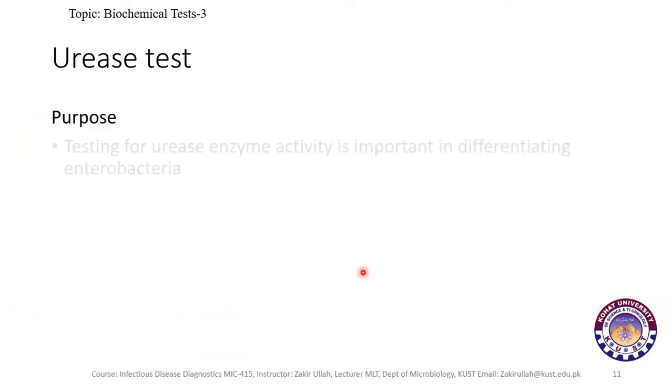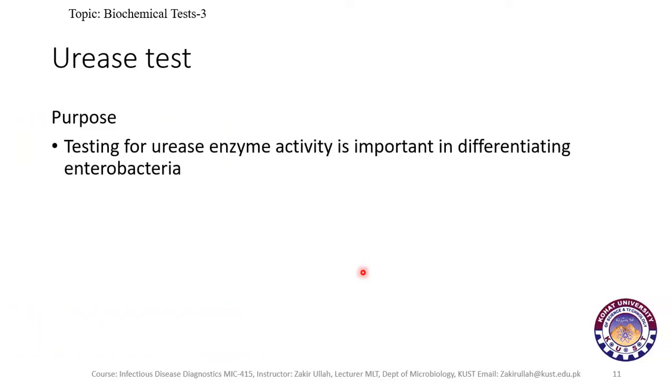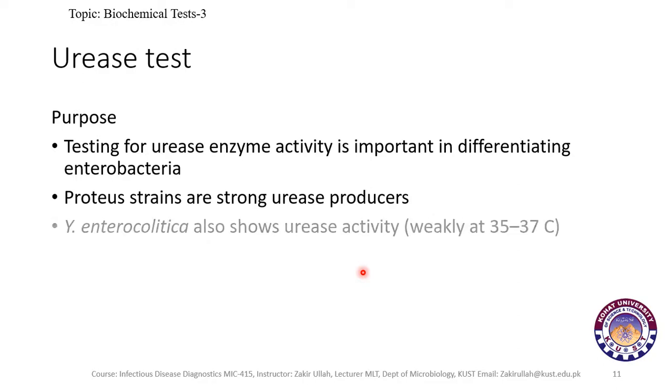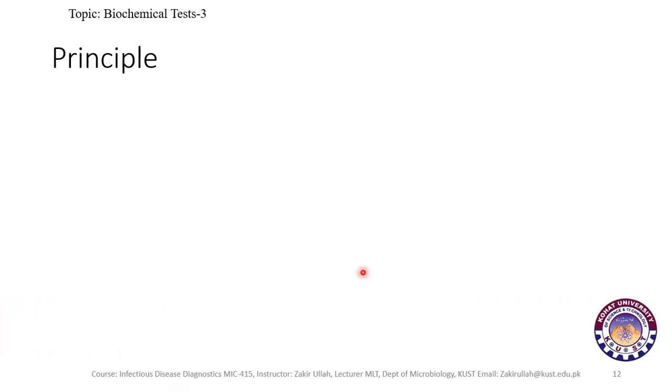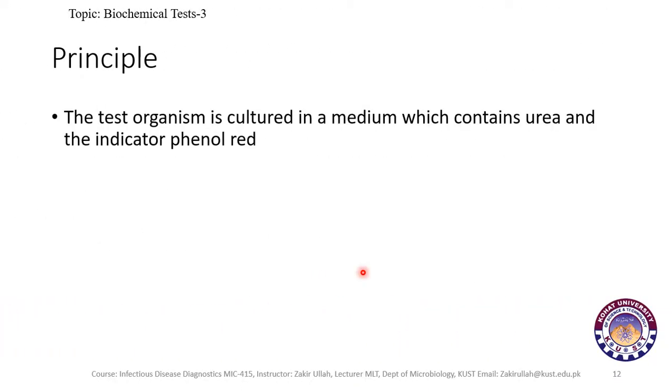The urease test is very important for the differentiation of different types of enterobacteria, in which Proteus is a strong urease producer, as well as different types of bacteria, especially the bacteria which cause infection in the stomach.